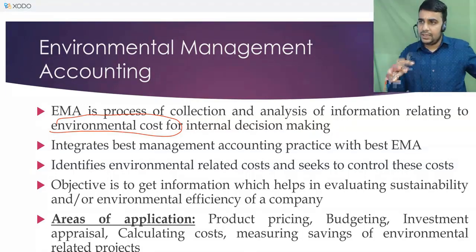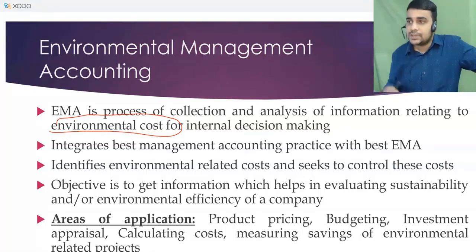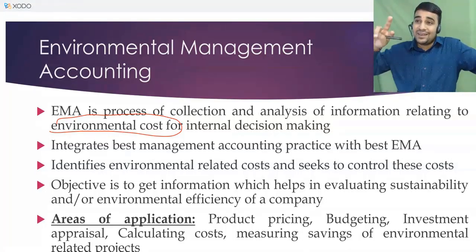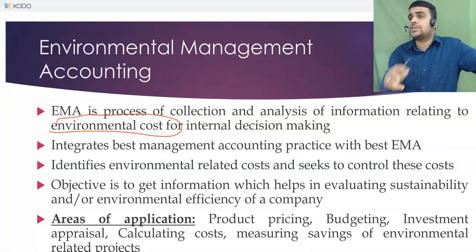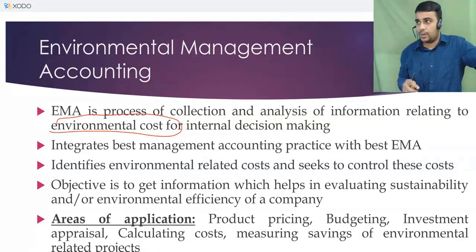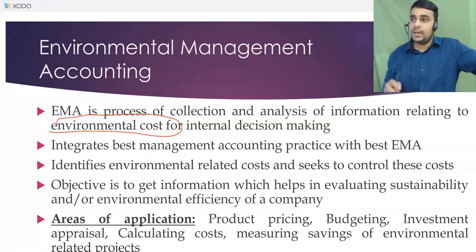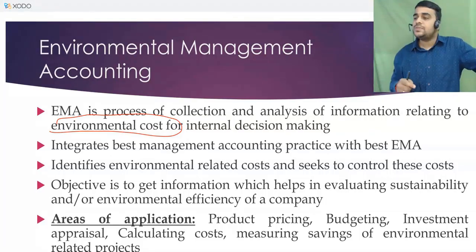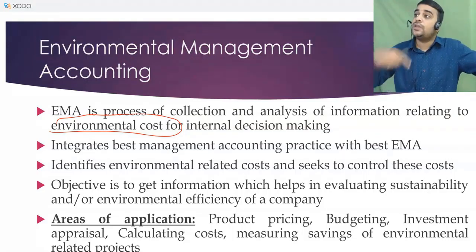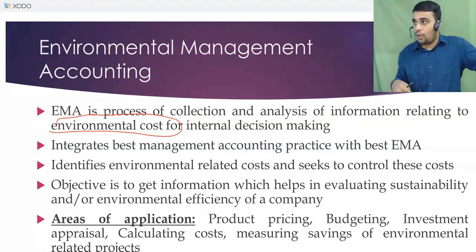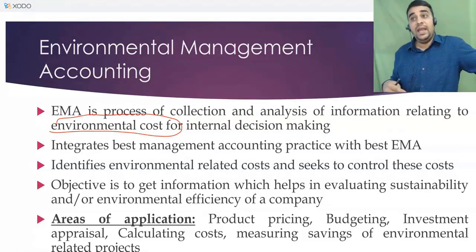Now what EMA is doing, or what organizations are increasingly doing, is trying to convert the external cost into an internal cost. Because this was causing harm to the environment, certain norms came in where it was necessary that an organization treats these effluents before they're released in the open water, or into the environment.